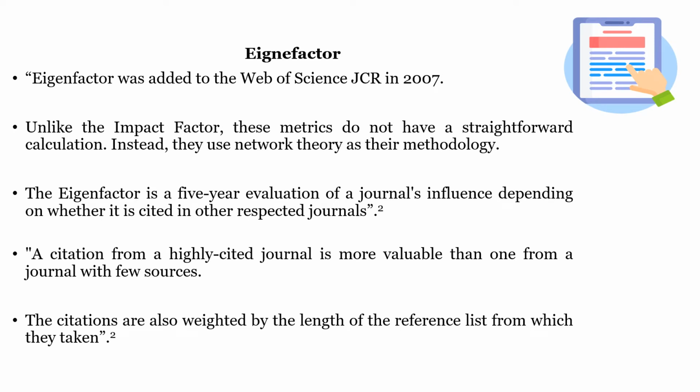It is calculated using an algorithm to rank the influence of journals according to the citations they receive. Also, the Eigenfactor is published in JCR and sources its data from Web of Science.